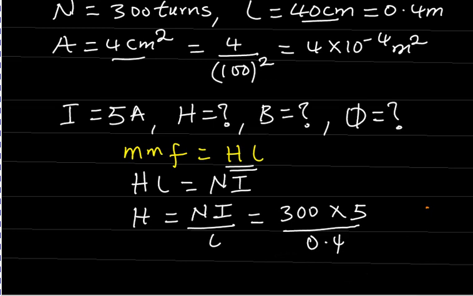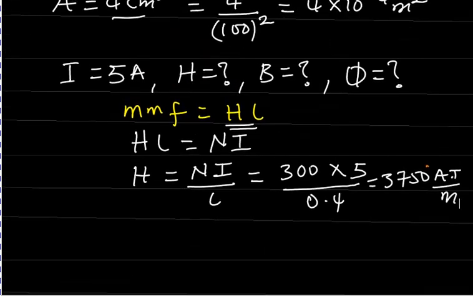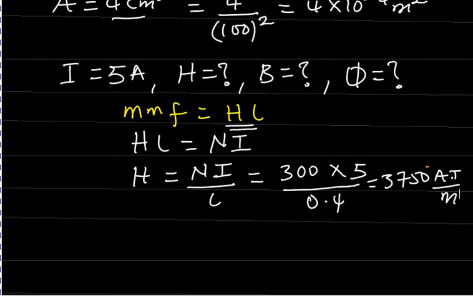So this is 1,500 divided by 0.4. All right, so 3,750. Okay, so this is 3,750 ampere turns per meter. So we've gotten that. This is the A part of the question. We've gotten the answer.